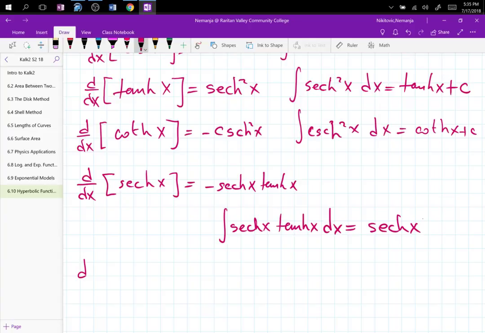The last one is for the cosecant. So we have the same happen: the derivative of cosecant hyperbolic x is negative cosecant hyperbolic x cotangent hyperbolic x.